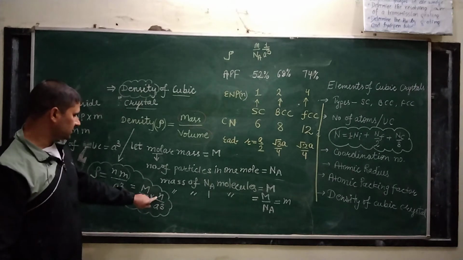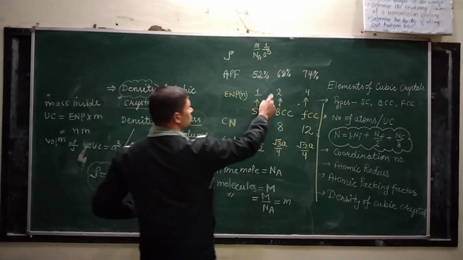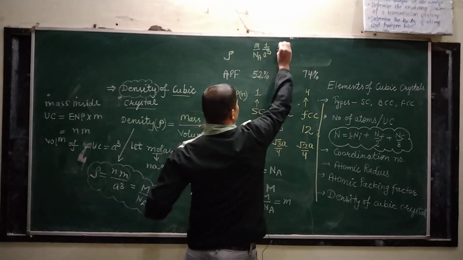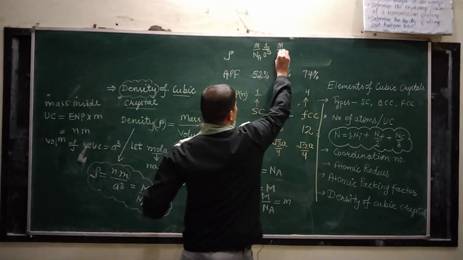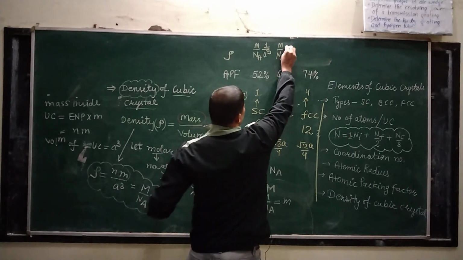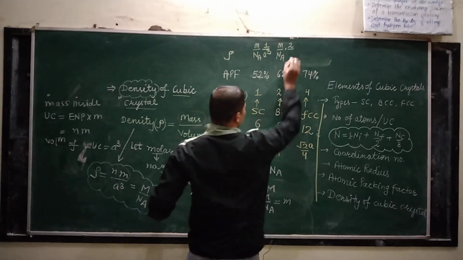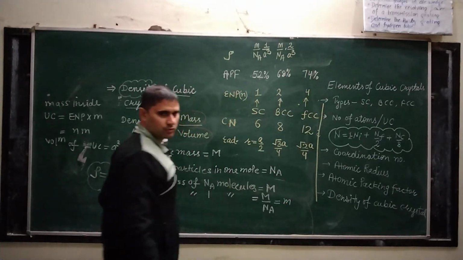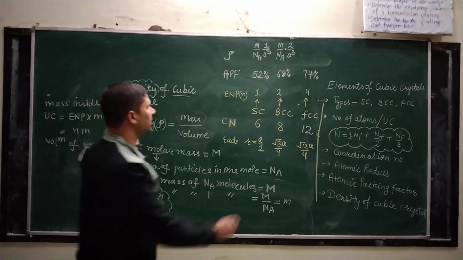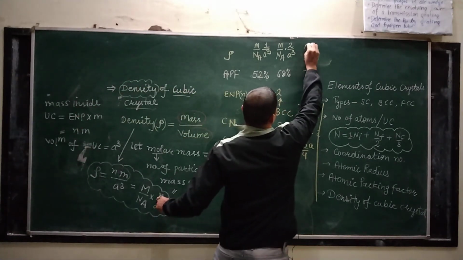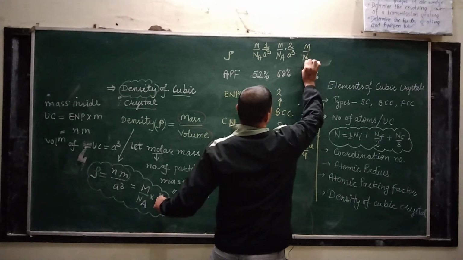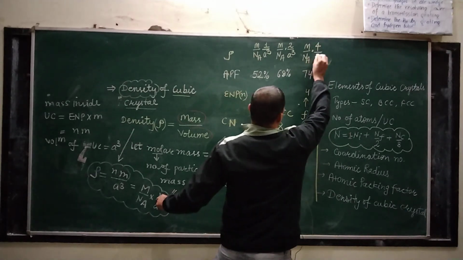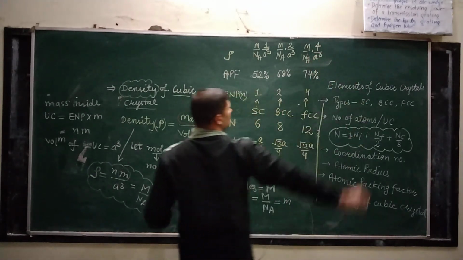And for BCC the effective number of particles is 2, so I will write here M, the molar mass, divided by Avogadro number Na, into 2, divided by A cube, the volume of unit cell. And for FCC it will be the molar mass divided by the Avogadro number, times the effective number of particles, that is 4, divided by A cube.